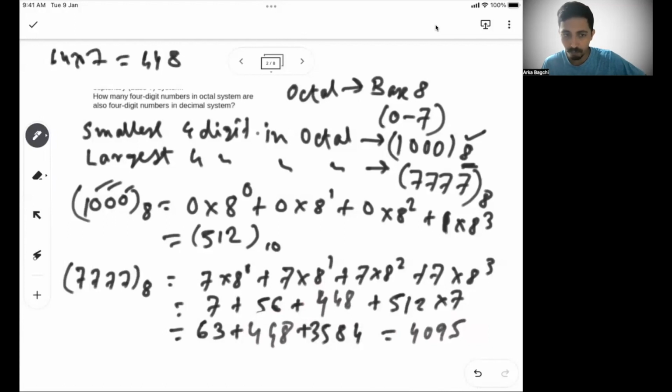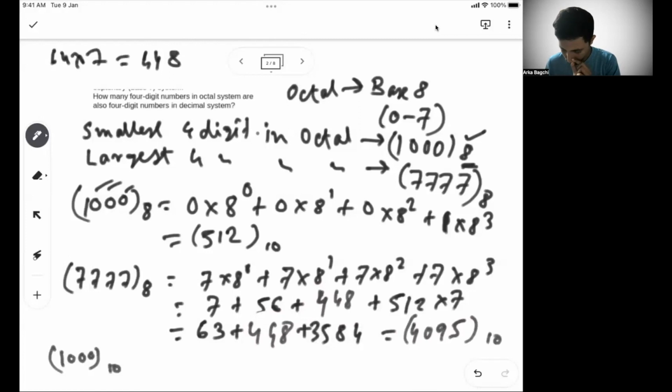Now we know 512 is the smallest in decimal, and 4095 is the largest in decimal, which are four-digit numbers in octal system. So basically 512, 513, 514, all those numbers in decimal system are four-digit numbers in octal system. So the first number we should consider in decimal system is 1000.